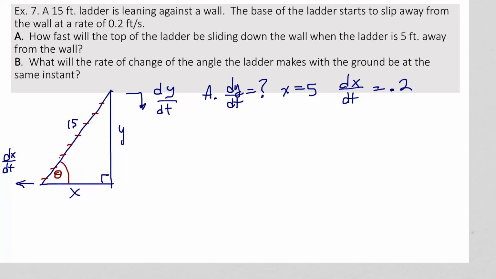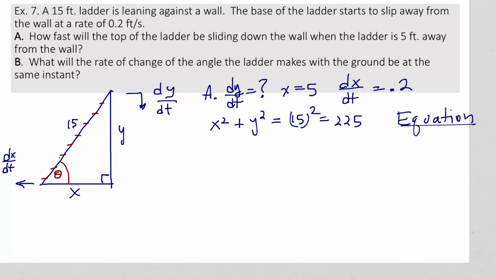All right, so our equation will just be Pythagorean theorem. x squared plus y squared equals 15 squared, that's 225, right? So this is our equation. Now we need to differentiate. So that's 2x times the derivative of x with respect to t plus 2y times the derivative of y with respect to t is equal to 0. All right, so we differentiated.